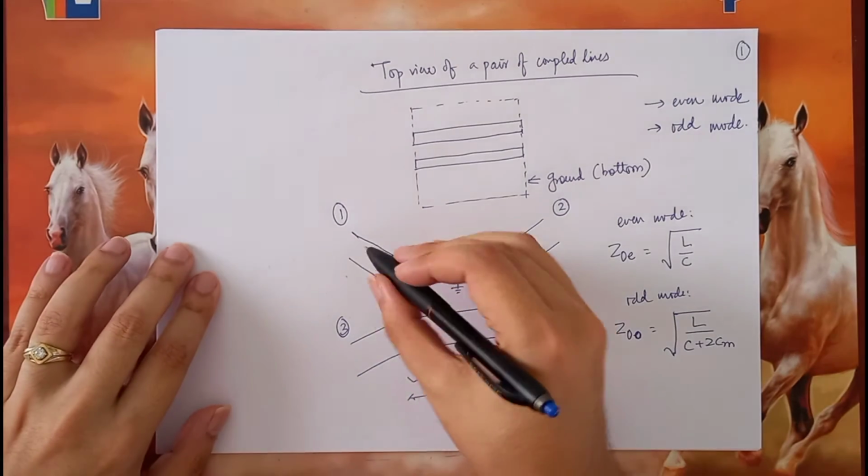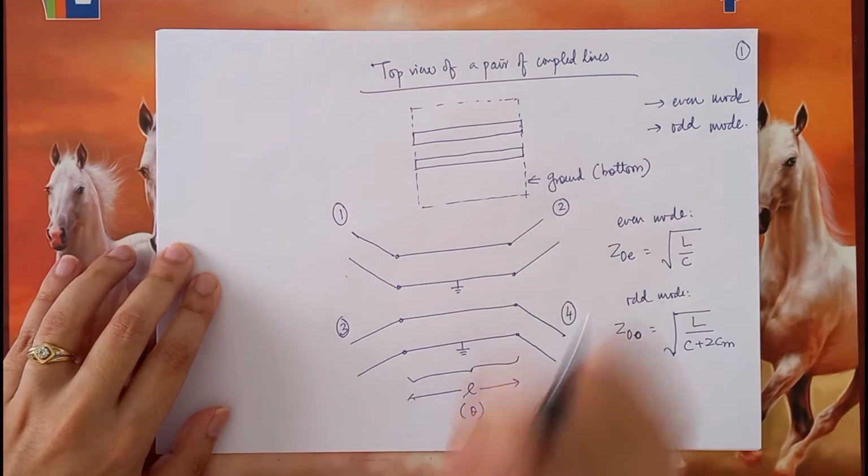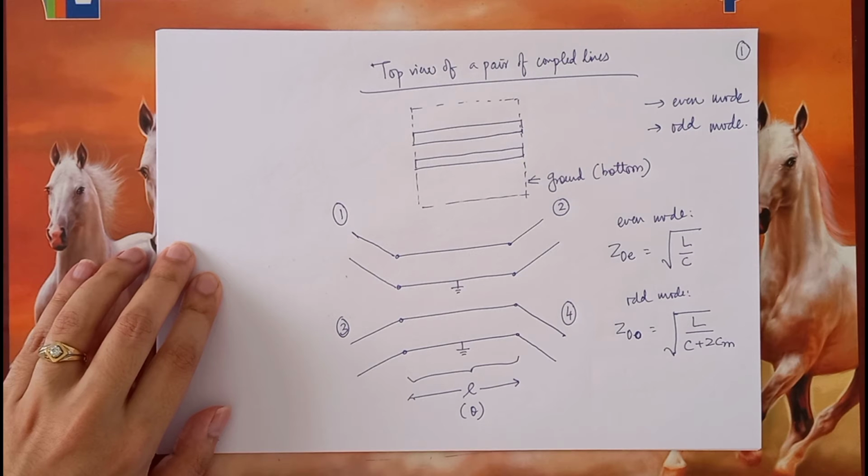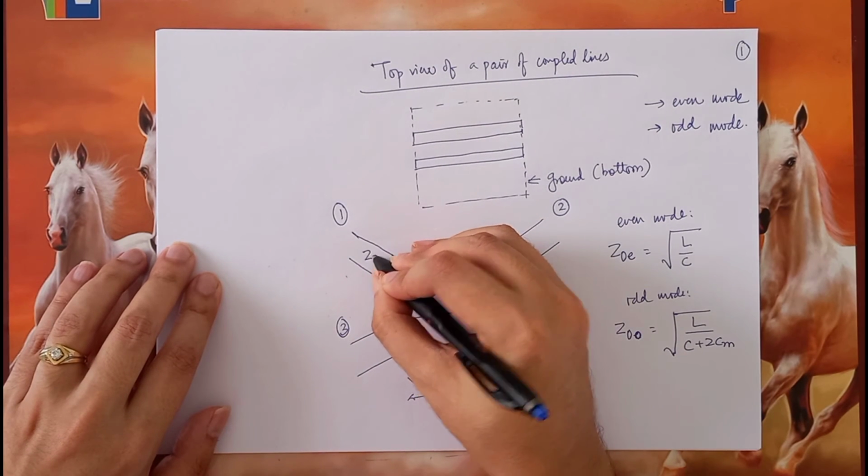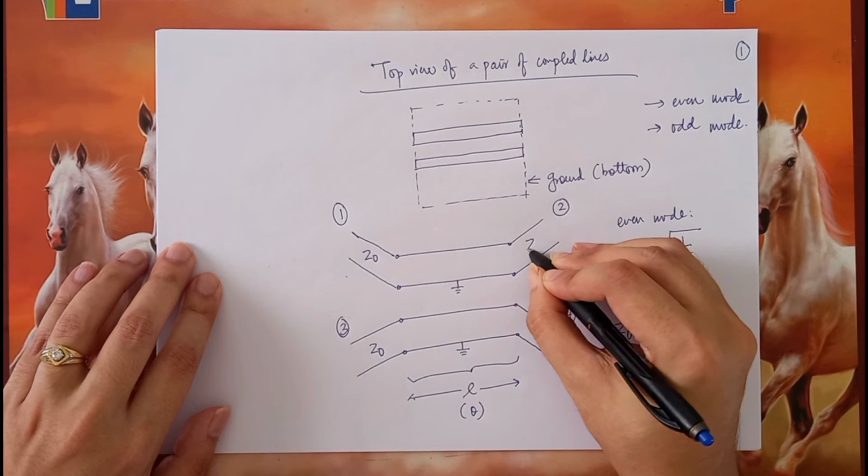Therefore, let us say each of these lines which are not in proximity with the other conductor have characteristic impedance Z0.